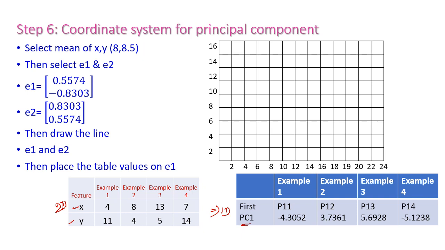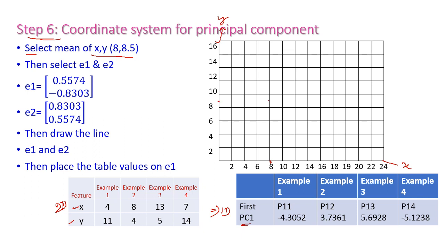Now step 6, which is another important step here: the coordinate system for the principal component. For that, first select the mean of x comma y. So let us take this as the x-axis and this is the y-axis. What is the mean value? 8, 8.5. The x value is 8, this one, and the y value is 8.5.